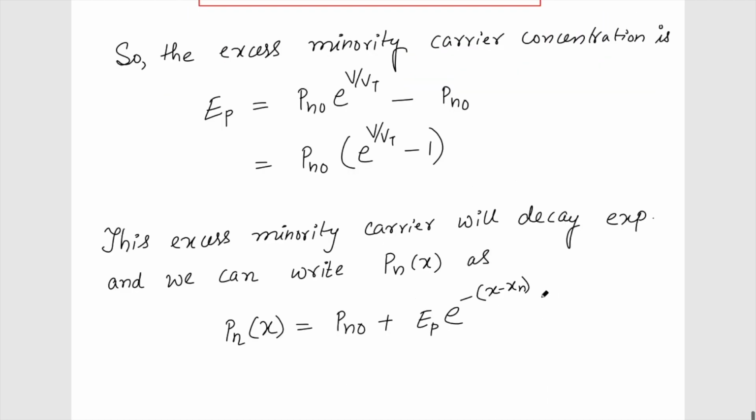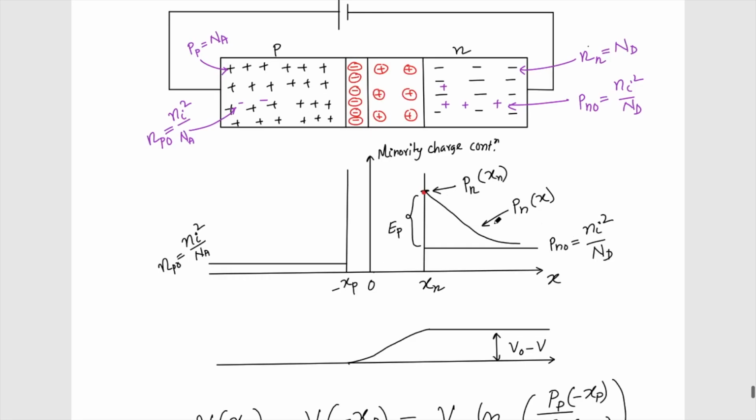But now the question is, how fast is the decay? How to define how fast is the decay? Is it something like this, or is it very fast, or is it very slow? To define how fast it is decaying, we have to introduce a constant. Just like in an RC circuit, we know that exponentially it is decaying, but tau equal to RC defines how fast the charge is discharging.